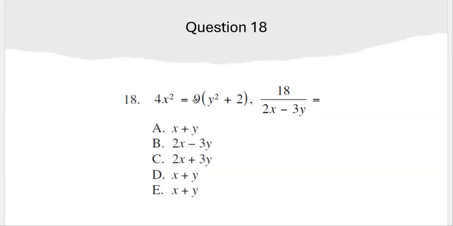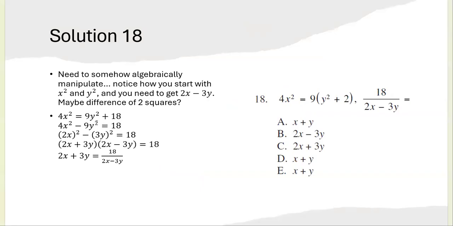So let's distribute this 9 to both terms. And then subtract 9y squared on both sides. So look, this is the difference of two squares. So you can factorize 2x plus 3y, 2x minus 3y. And then this is exactly what we want. 18 over 2x minus 3y. That's equal to 2x plus 3y. Choice C. This is hard, and you probably need to figure out that you have to use difference of two squares. But otherwise, very simple algebraically.